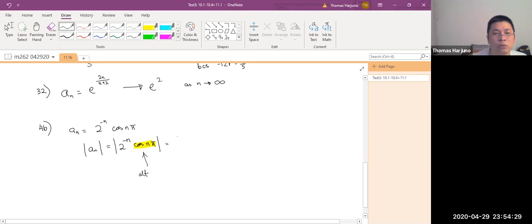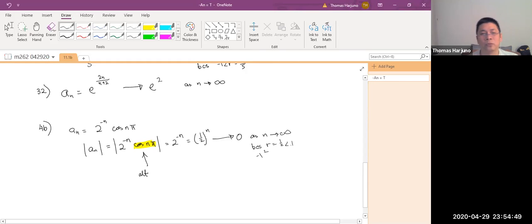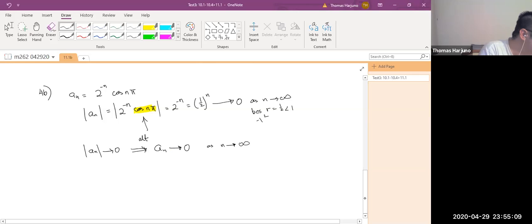So this is basically 2 to the negative n, that's 1/2 to the n. So we know this converges to 0 as n goes to infinity, because the r is 1/2, which is between -1 and 1, according to our theory. Now, because the absolute value of a sub n goes to 0, it implies a sub n goes to 0 as n goes to infinity.